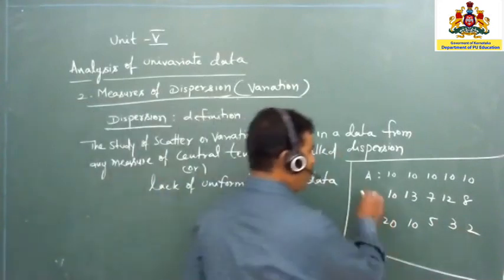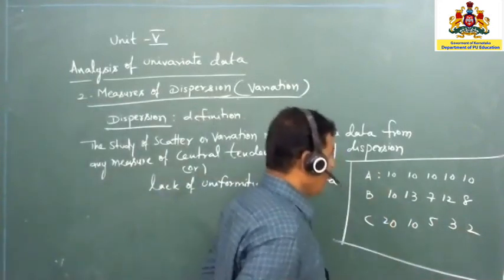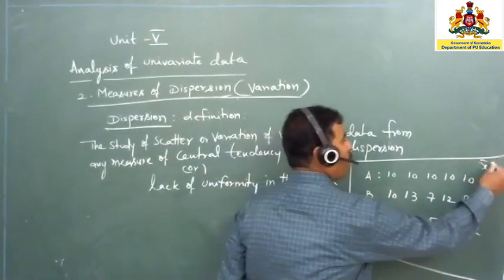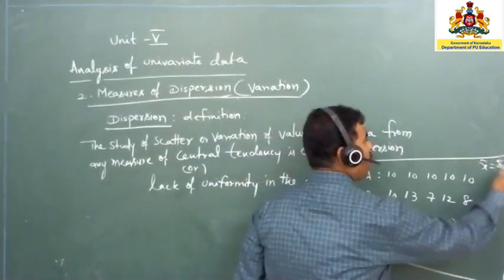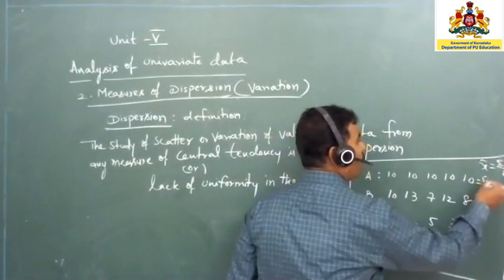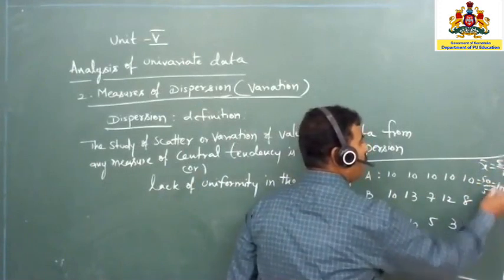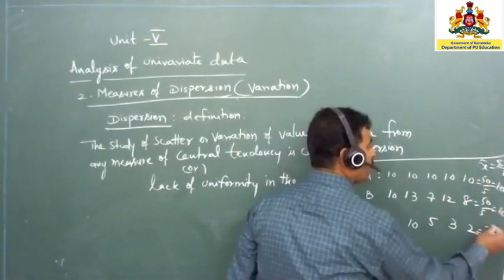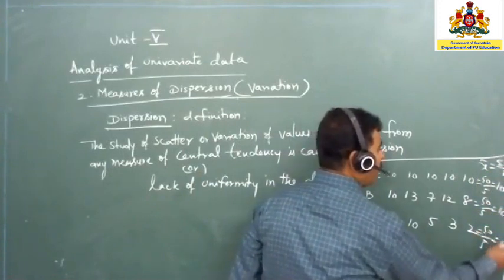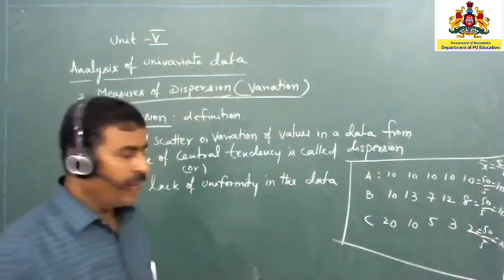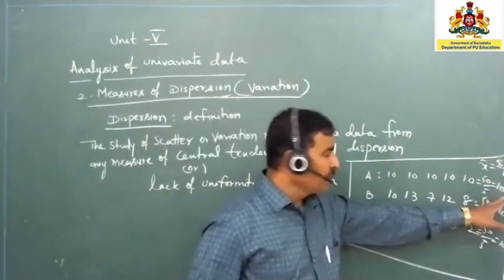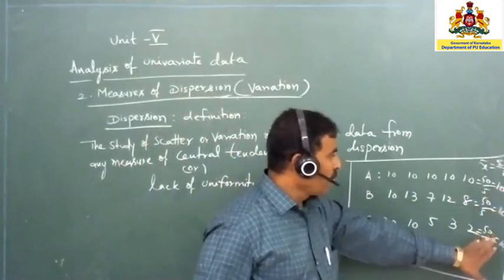All three data have 5 observations. So mean x bar equals summation x by n. Here 50 by 5, 10. Here also 50 by 5, 10. Here also 50 by 5, 10. All the mean values for all the data are equal.